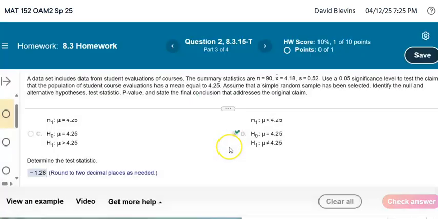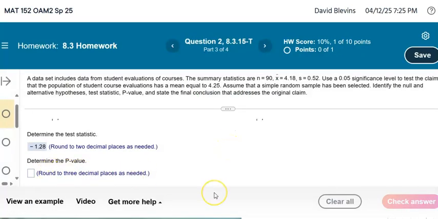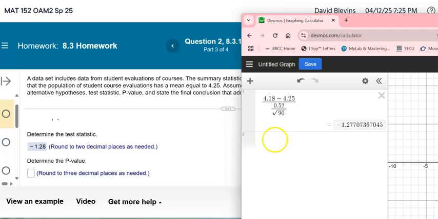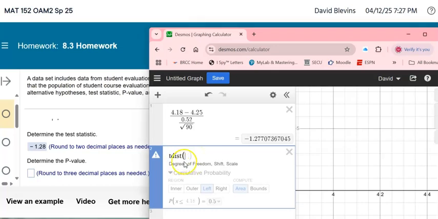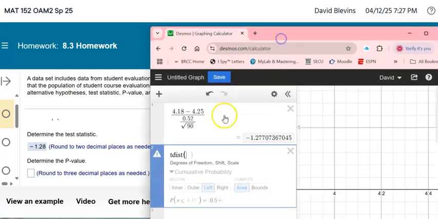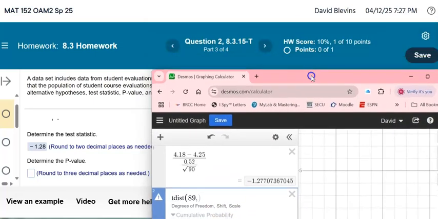All right, and then the next thing it wants to know is find the p-value. Now when you're doing a p-value, you want to use the t distribution here. This is t dist, and t dist wants to know the number of degrees of freedom. Our degrees of freedom again is one less than our sample size, so a sample size of 90 will have 89 degrees of freedom. The shift that it's asking for here is the population mean.